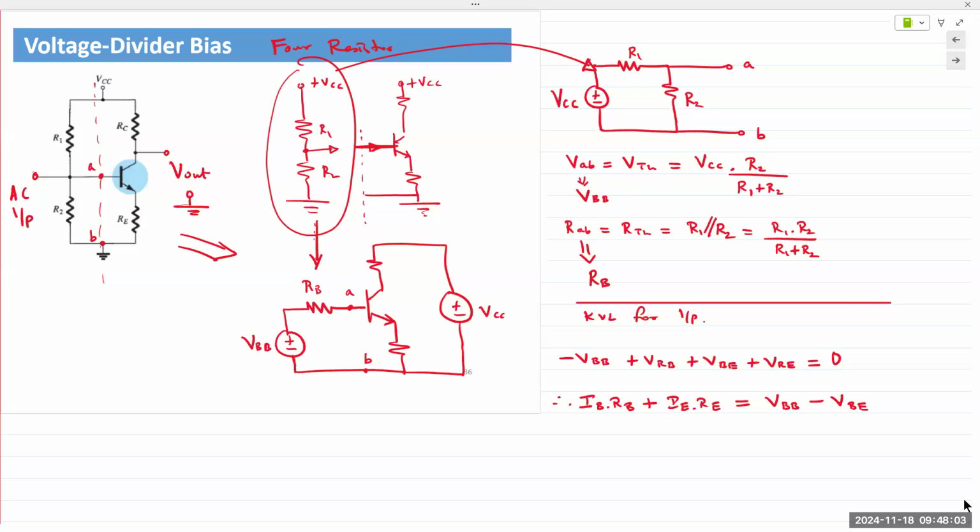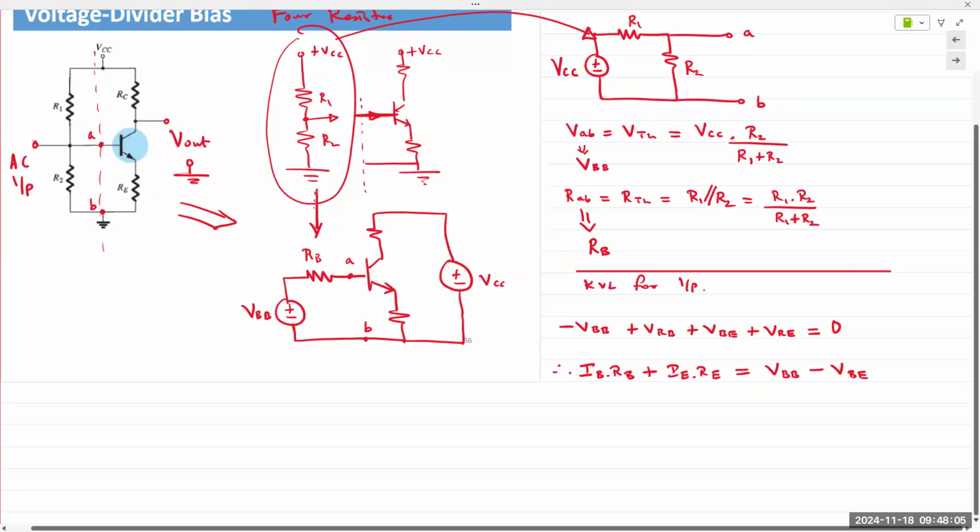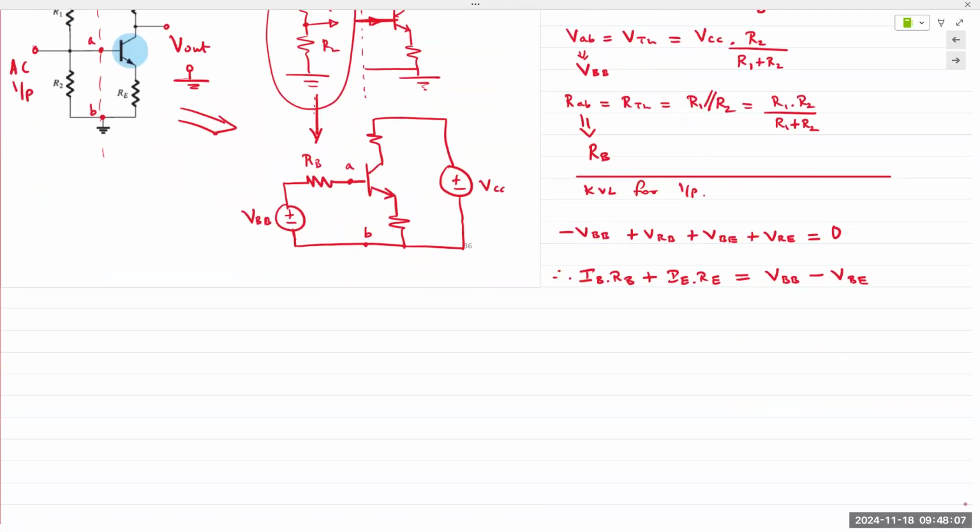Okay. Now, IE is IB times beta plus 1. And so I would replace that and obtain IB times RB plus beta plus 1 times IB times RE. And then this is VBB minus VBE.